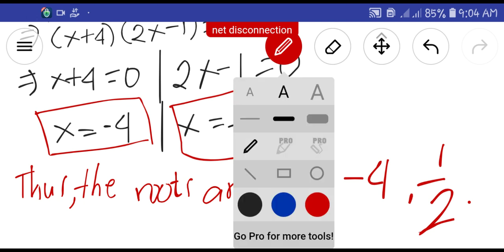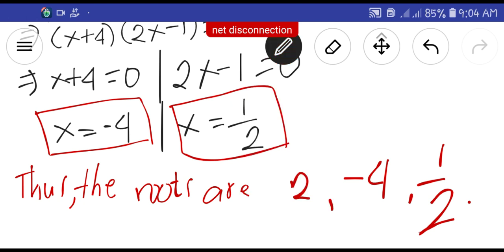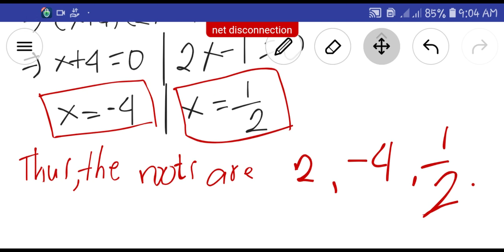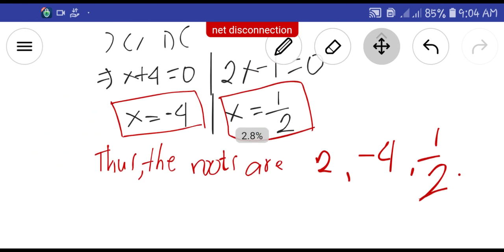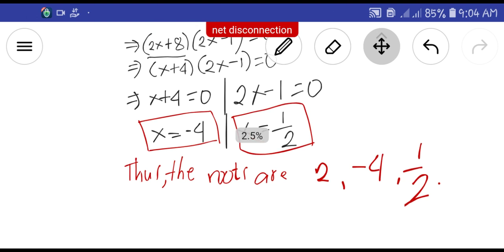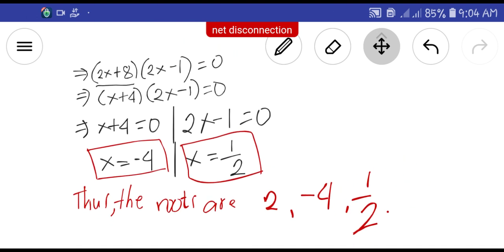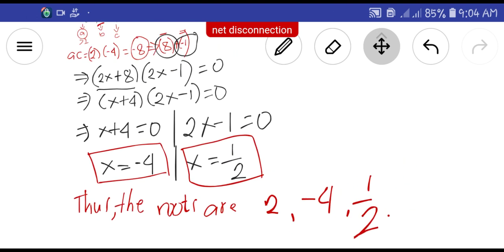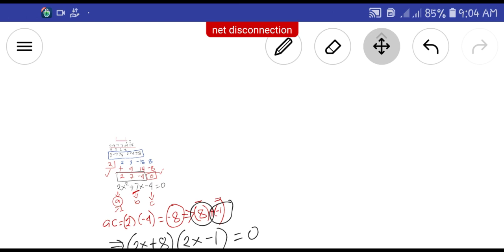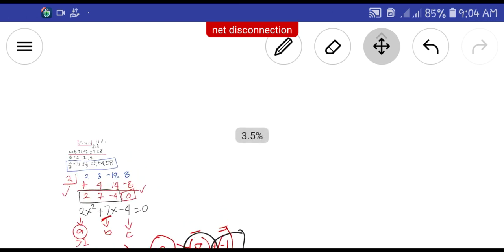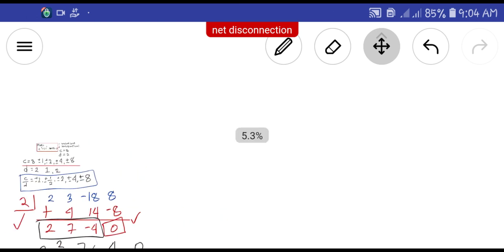Alright, so this will be the answer of your equation. Alright, so if you will try to get the factors of these roots and multiply them, you will go back to your original given, which was this one.